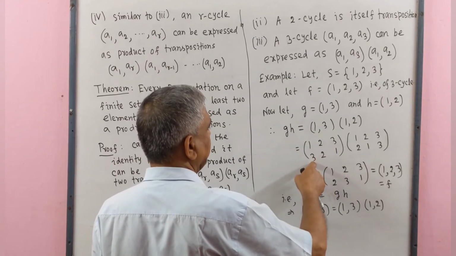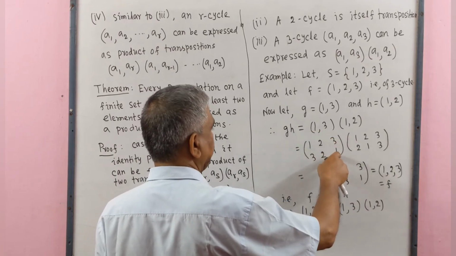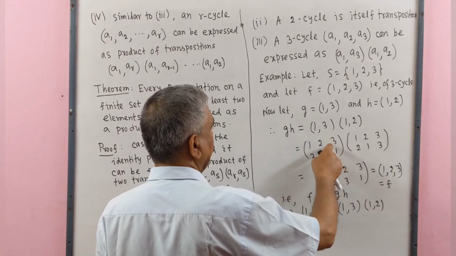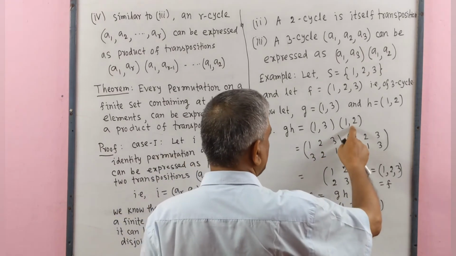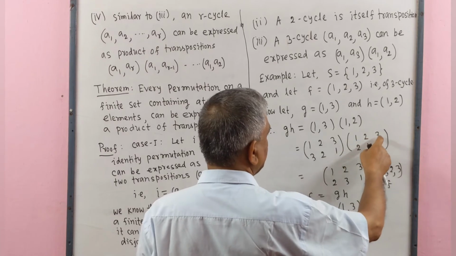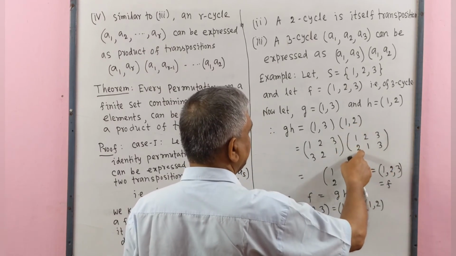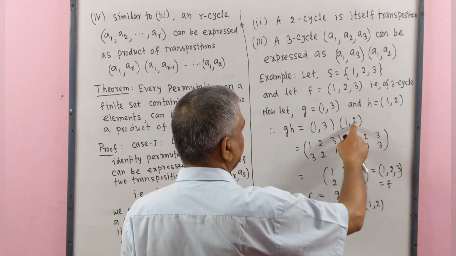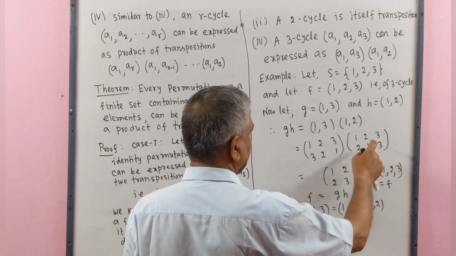We write here 3. Image of 3 is 1. We write here 1. And image of 2 is 2. For this we write 1, 2, 3. Here image of 1 is 2. We write here 2. And image of 2 is 1. Here we write 1. And image of 3 is 3.